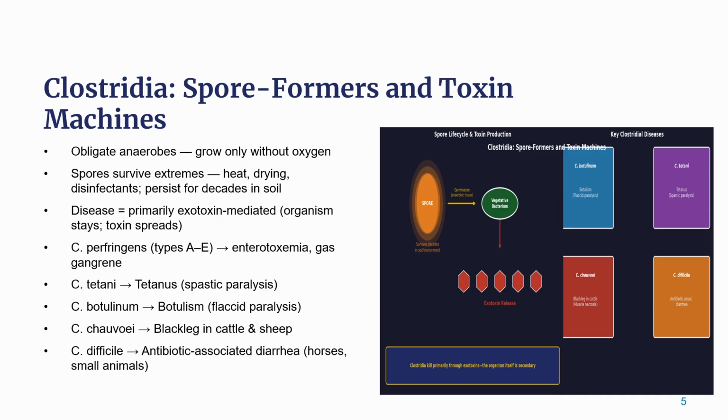The spores germinate in anaerobic tissue, often triggered by bruising or rapid muscle growth, and the organism starts producing cytotoxins that destroy muscle. The animal can die within 12 to 24 hours. By the time you see clinical signs, it's often too late. This is why clostridial vaccination in cattle and small ruminants is considered non-negotiable preventive medicine.